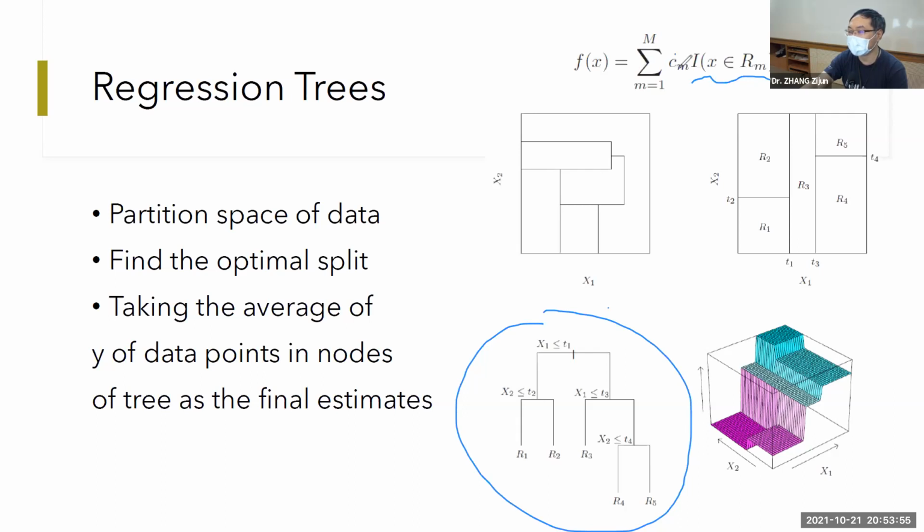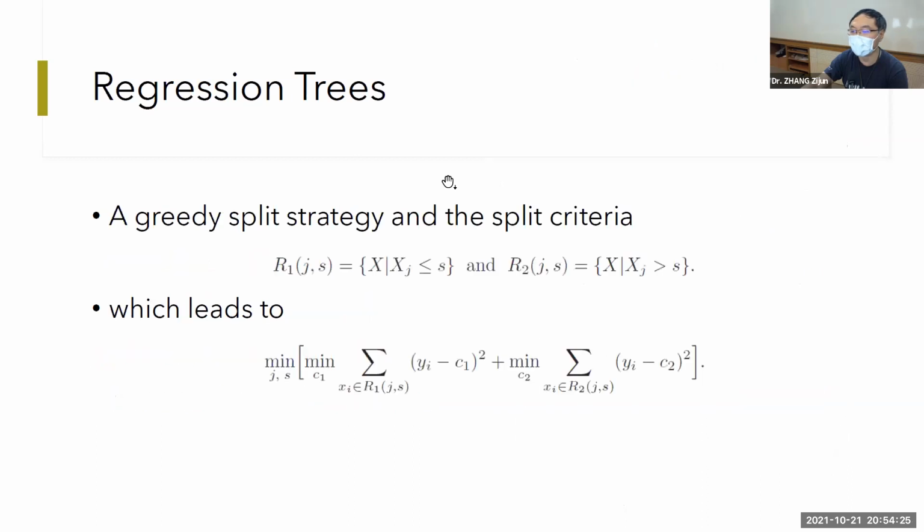For each region, you fit a c_m, which is the average of all the y you observed in that region, conditioned on all the x belonging to that region. Okay. I probably have a slide later. Yeah, it's here.